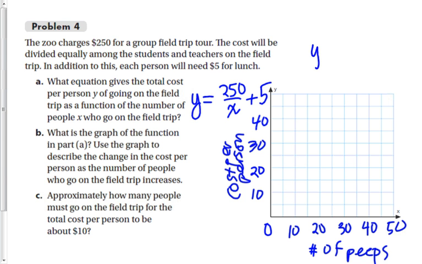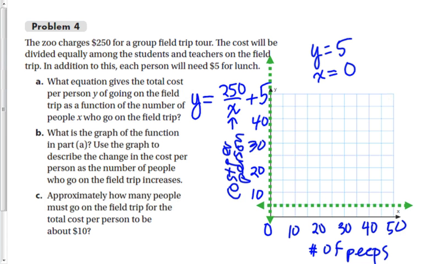So y equals 5 will be a horizontal asymptote. And underneath this equation, we just have x. It's not x minus anything, so we have to think of it as x minus 0. So our vertical asymptote is going to be at x equals 0. So we can draw a line here, and we can use the y-axis for the vertical asymptote.